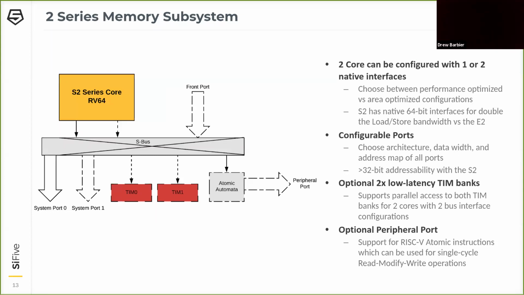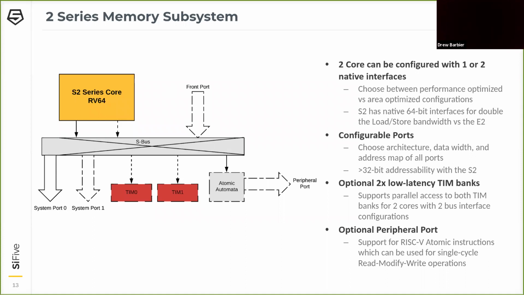We can also configure the protocol that the system ports use. So we can support CLink interfaces as well as AMBA AHB and AMBA AXI interfaces. And we can also support different data widths on these protocols for helping integration into different designs.